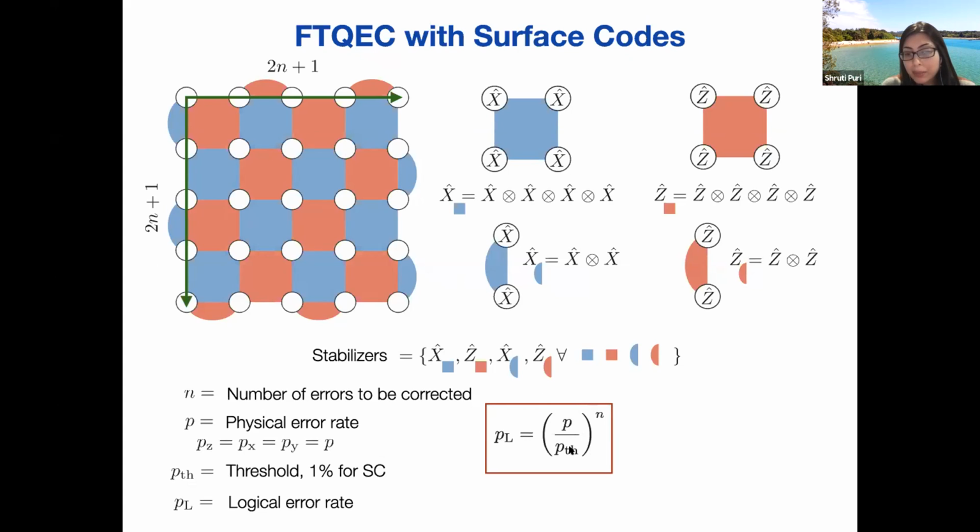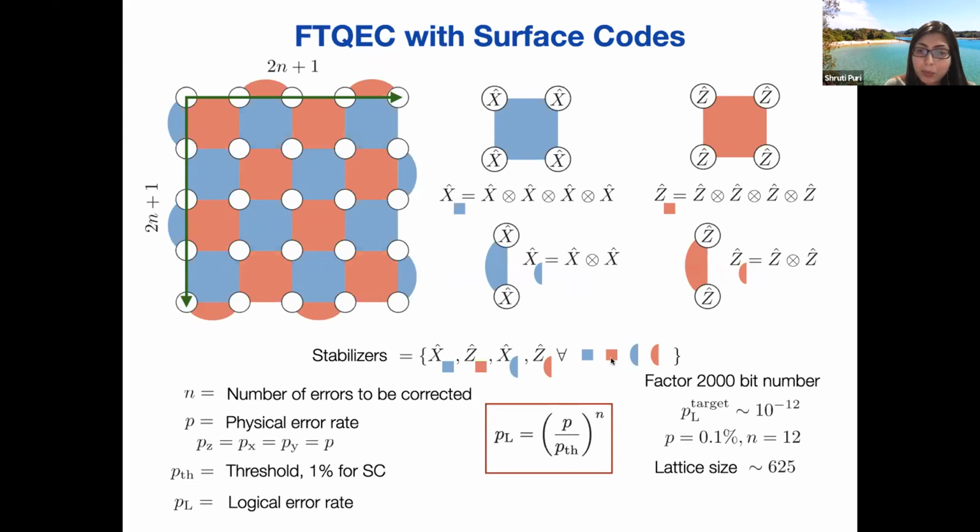So as long as p is below p threshold, you can increase n and reach as small a logical error rate as you want. The threshold for this regular surface code is about 1%.